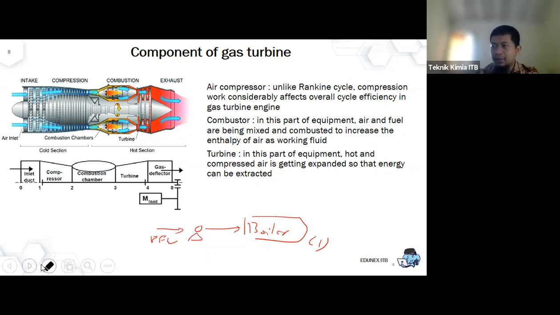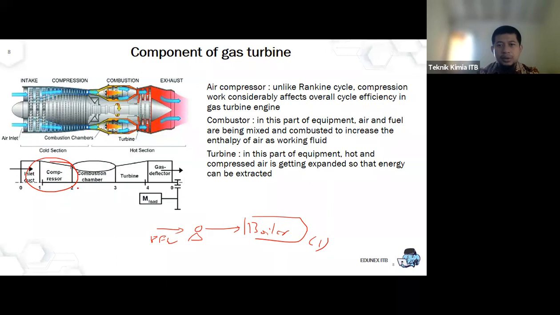And in here, we always increase the pressure of the air first instead of burning. That's a kind of rule of thumb.